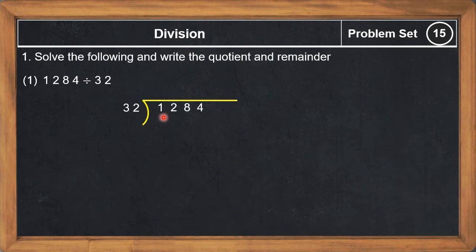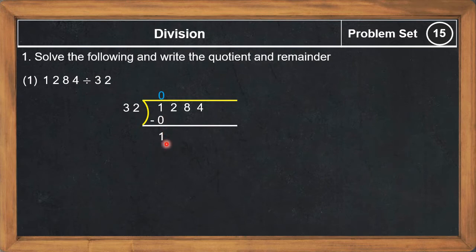Here, the digit 1 is in the thousands place, which is the extreme left place of the given dividend. So, let us start the division. As 1 is smaller than the divisor 32, we write 0 in the quotient and subtract 0 from 1, which is equal to 1.